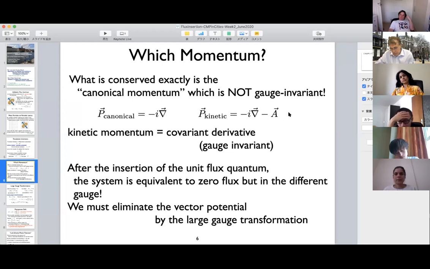This corresponds to the parallel transport if you attended last week. So this is the covariant derivative, and it is gauge invariant. On the other hand, the canonical momentum is not gauge invariant. If you apply a large gauge transformation, the canonical momentum changes. But often it's convenient to use canonical momentum because, in order to use the translation invariance, this canonical momentum is more useful.